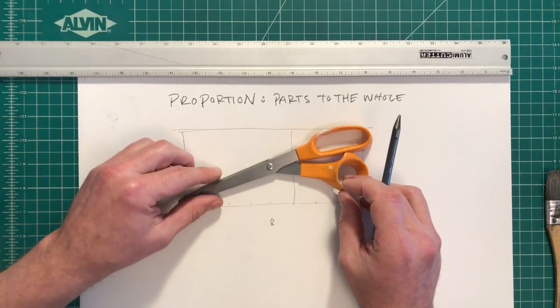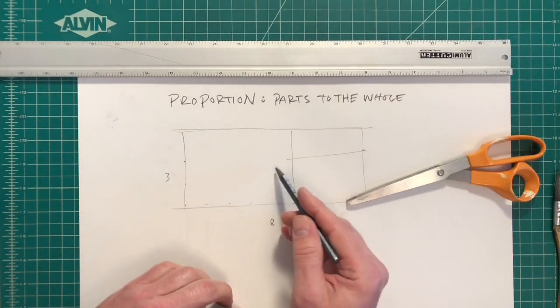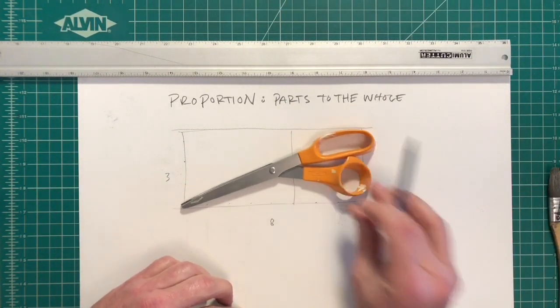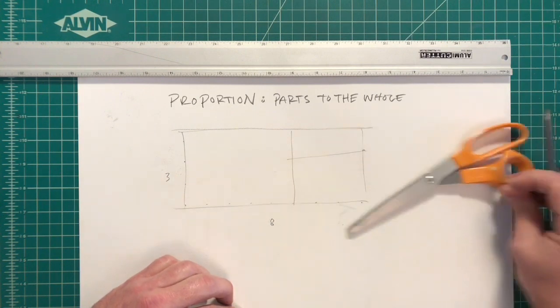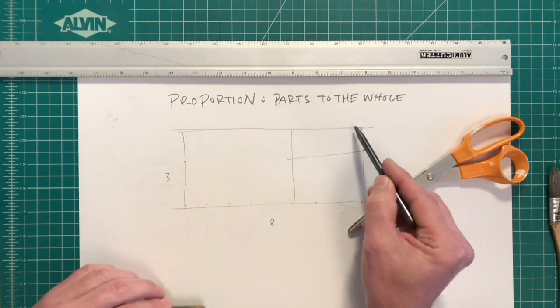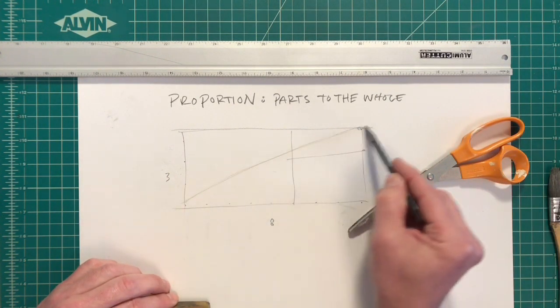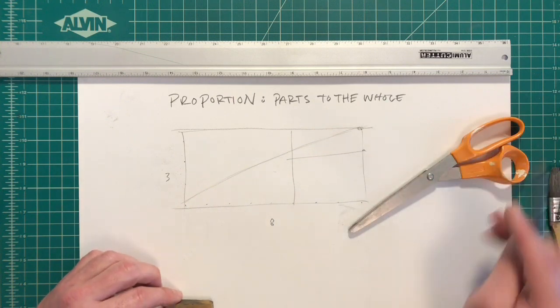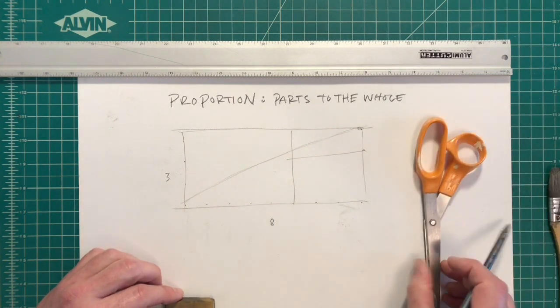See how that works? I can start to plan my object. And I know that the scissors will exist on some plane like that.